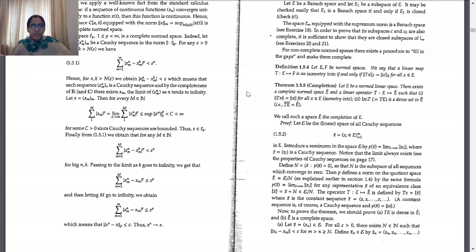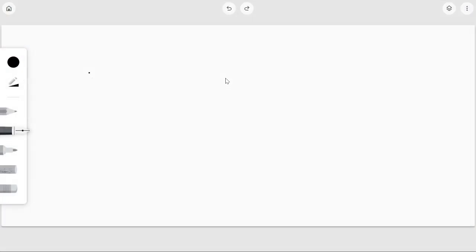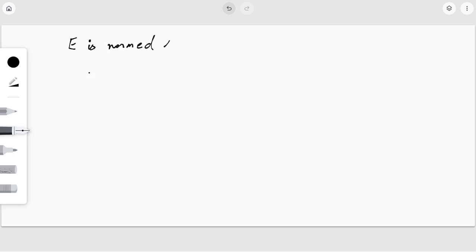So let us see how we can prove this theorem, Theorem 1.5.5. Let's first of all write down what is given to us. That is, E is a normed space. Then we have to show that there exists a linear map T from E to E cap, and we need to show E cap must be complete.